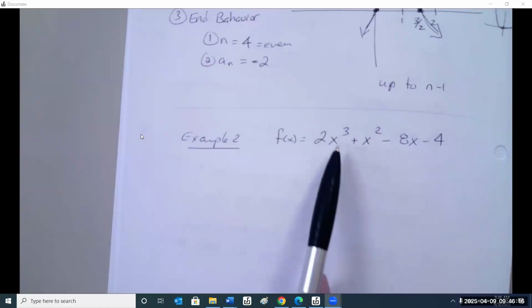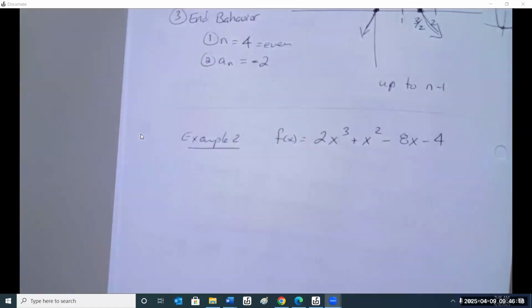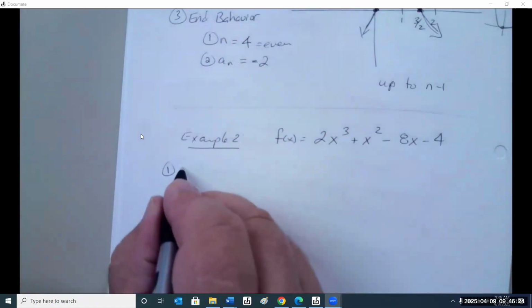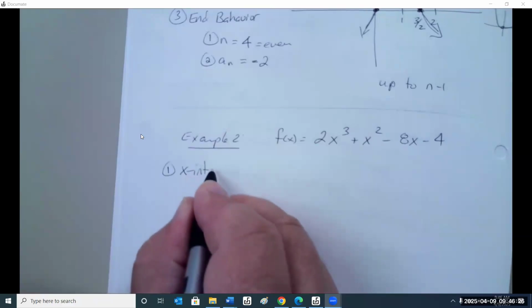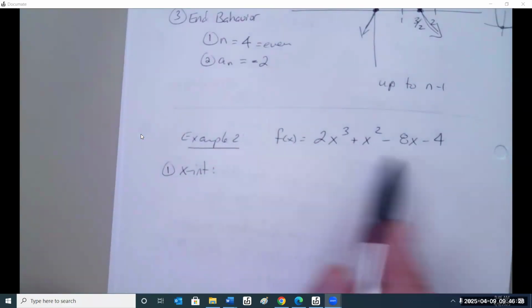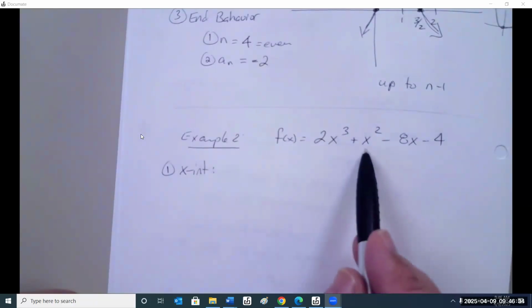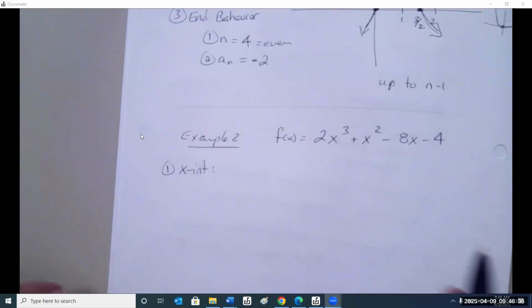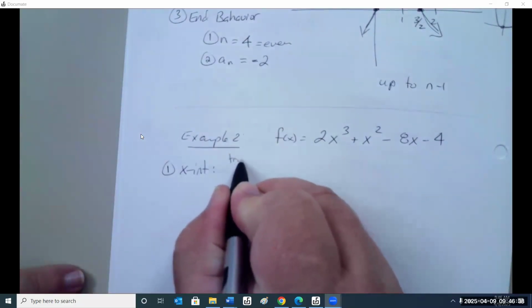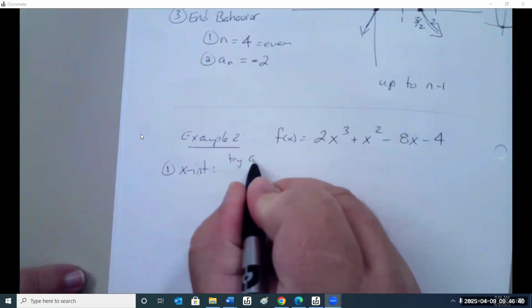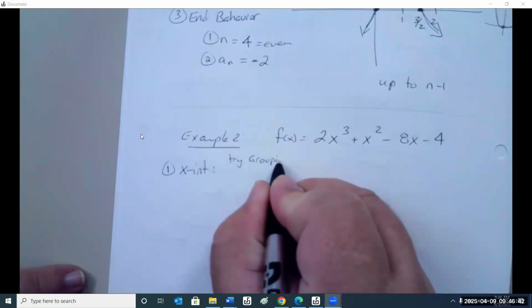We haven't talked about cubic functions yet. To find the x-intercepts, we have to factor this equation out. Since it's a cubic, we have 4 terms. We can use something, try grouping.